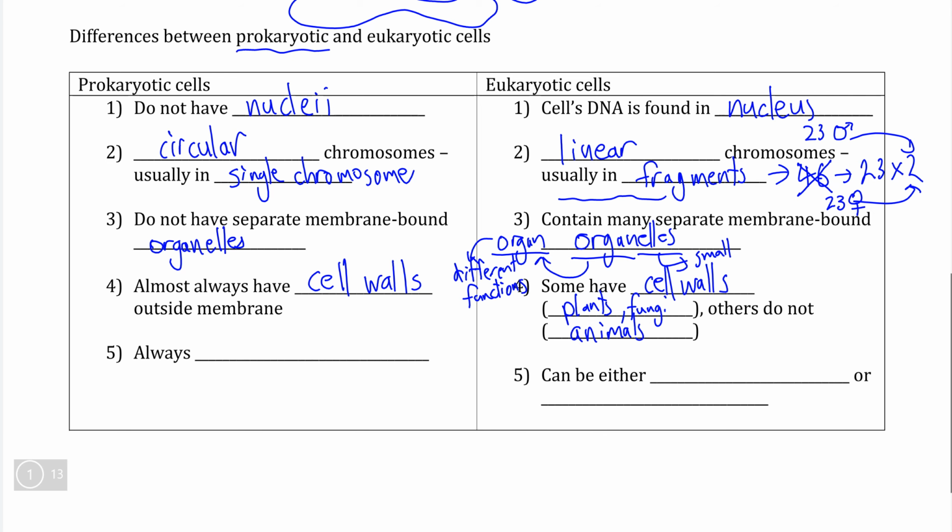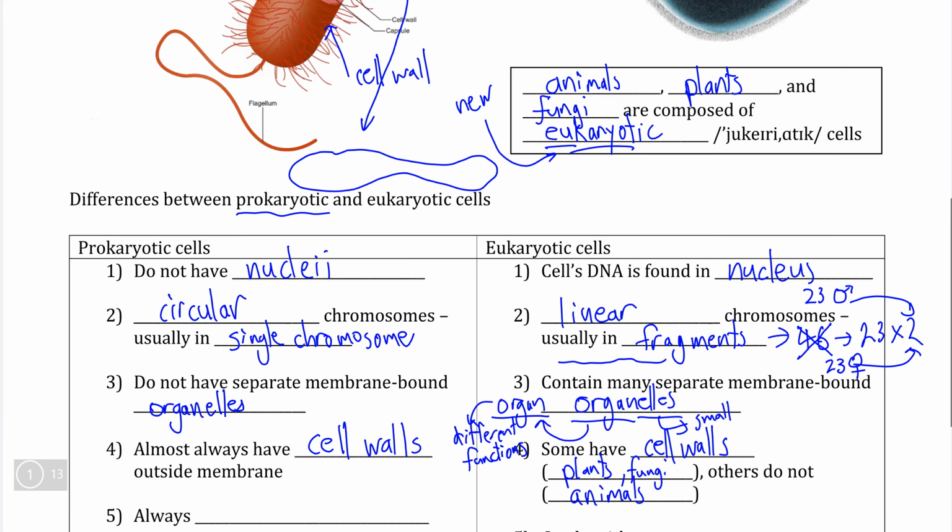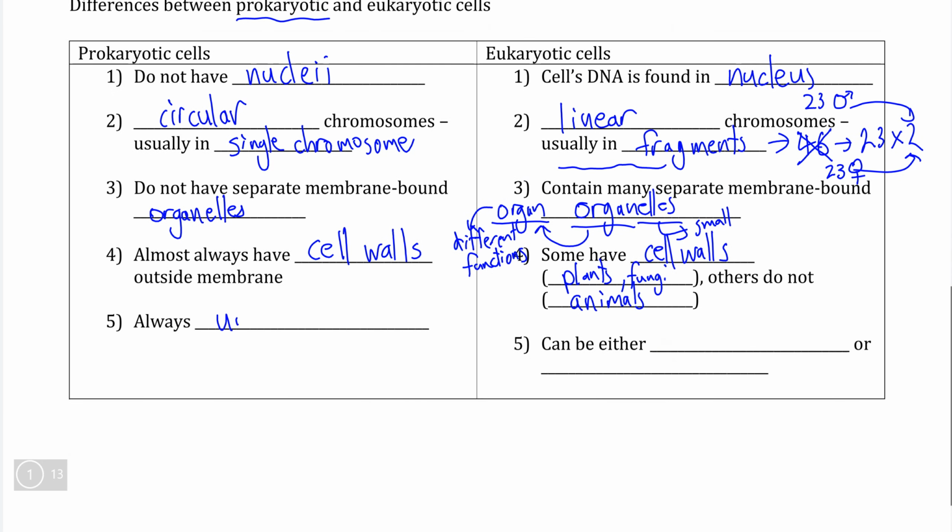For example, this bacterium is only one cell, and this is the complete organism. If this bacterium were to make another bacterium in its place, you would have a different organism, and therefore bacteria and other prokaryotes are exclusively unicellular, meaning that each organism is only made up of one cell.